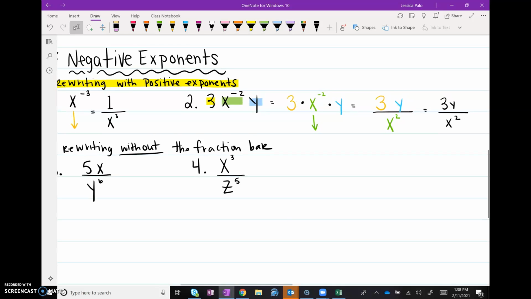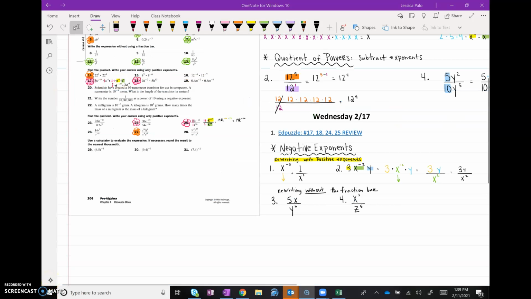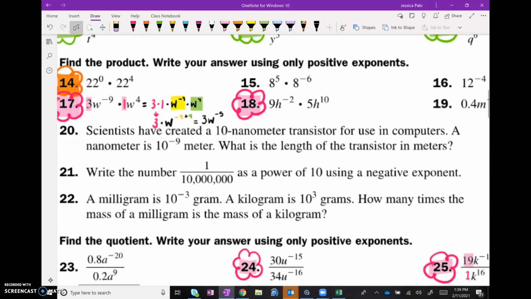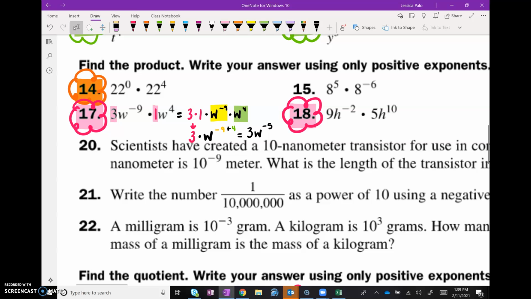So this is how you rewrite negative exponents so they can be positive exponents. Now you are going to do the pink problems. Remember the ones we did in the other video? We have 2 problems that have negative exponents in them.